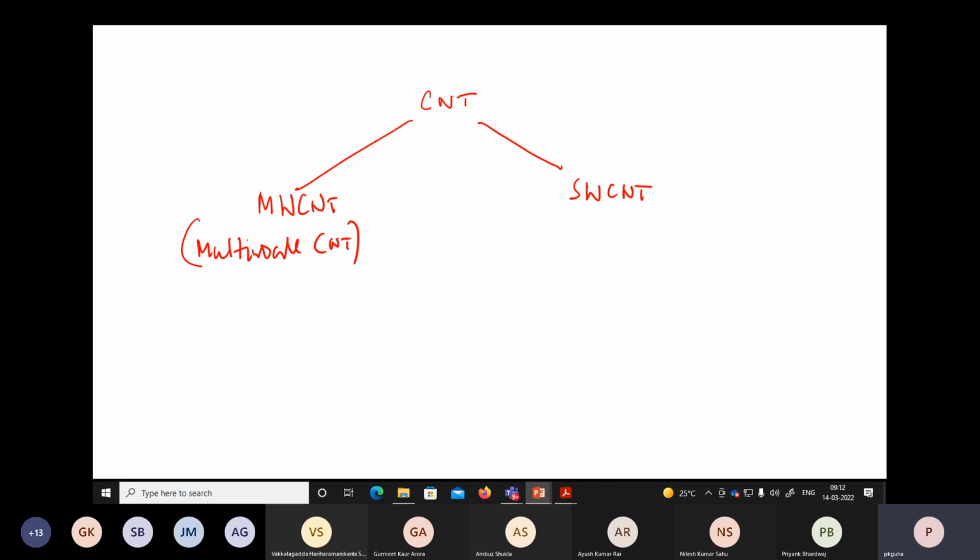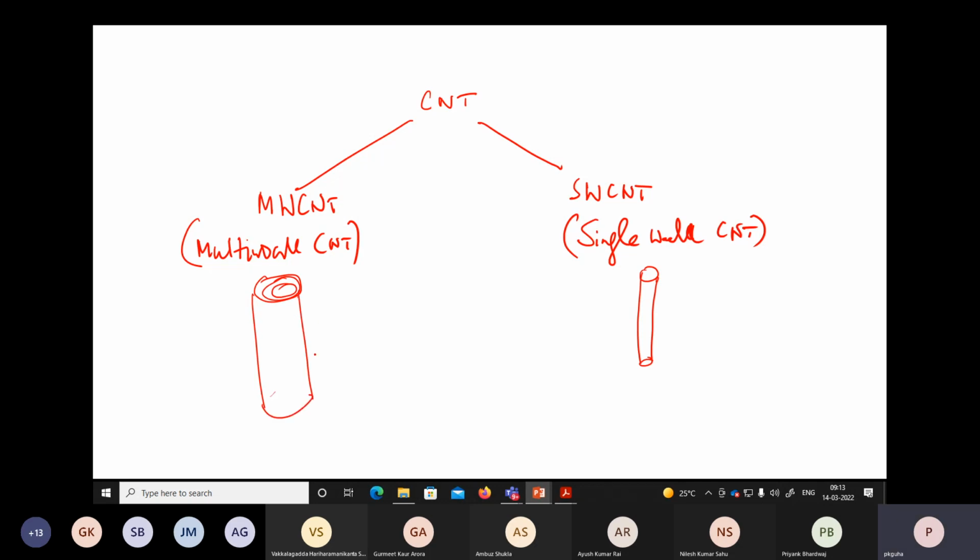So when you roll a single graphene layer and form a tube, it is basically a single wall carbon nanotube. But if there are multiple walls, then it is multi-wall carbon nanotube.